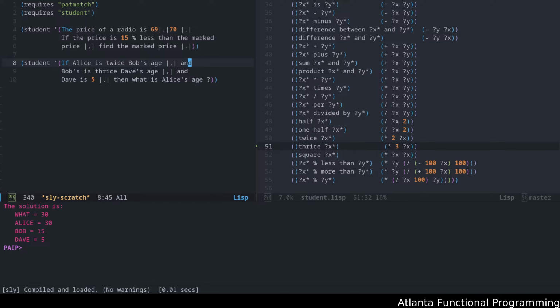Alice is twice Bob's age and Bob is twice Dave's age and Dave is 5. Then what is Alice's age? It ends up solving it. So okay, everything is properly updated. Let us go to this one, which is the to find marked. This one here is going to require the same sort of approach to actually solving the other thing that was dealing with the system of linear equations as well.